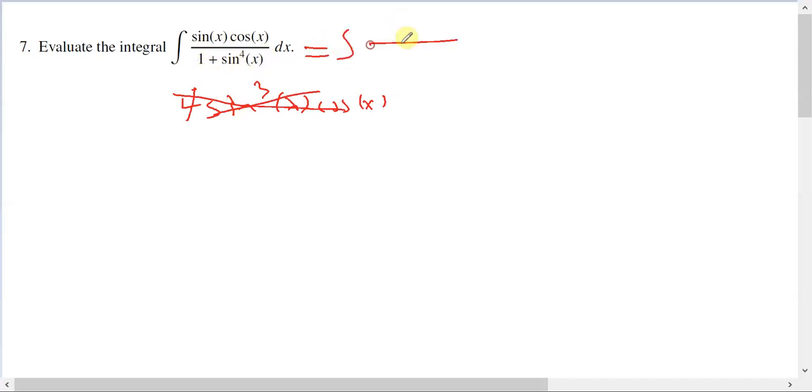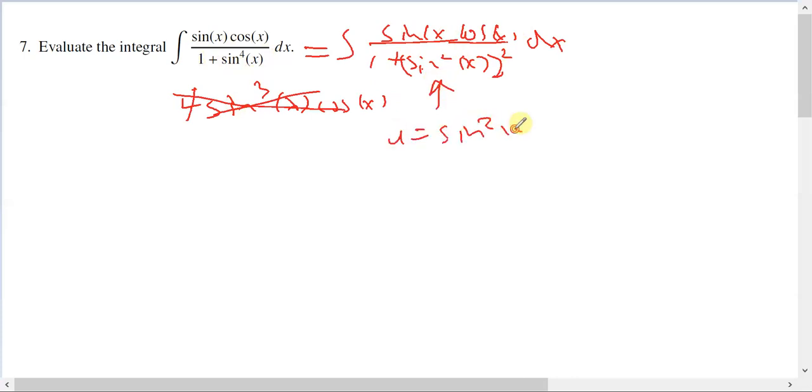It does turn out that if I write this as sine squared squared, which is what I mentioned a minute ago, sine squared squared, sine x cosine x, this is of a form that if I substitute u for that, it is going to turn into an inverse trig function integral.